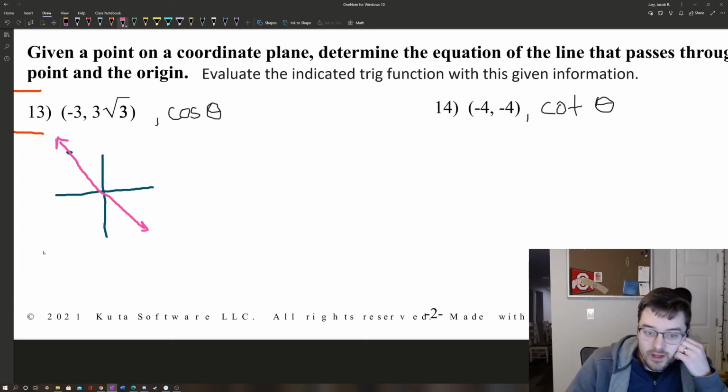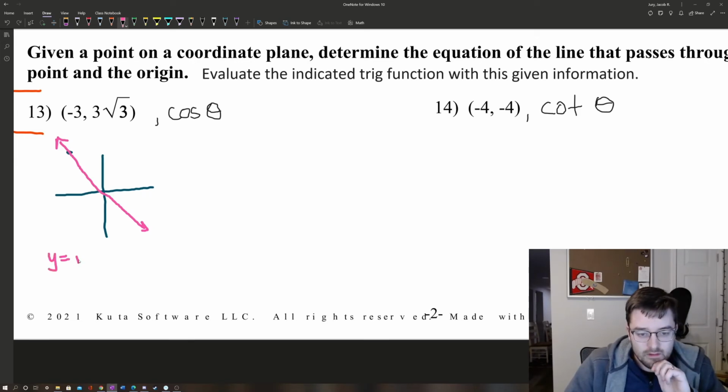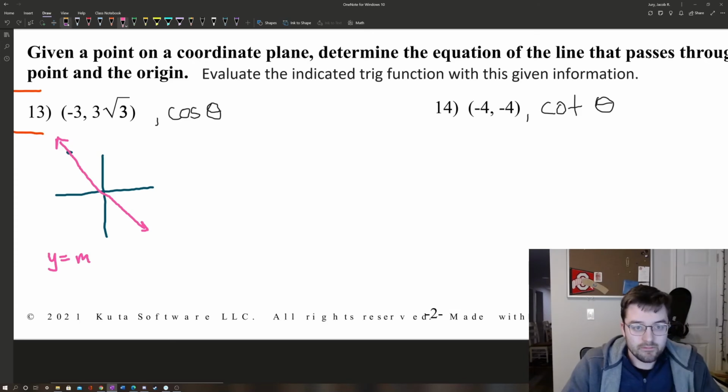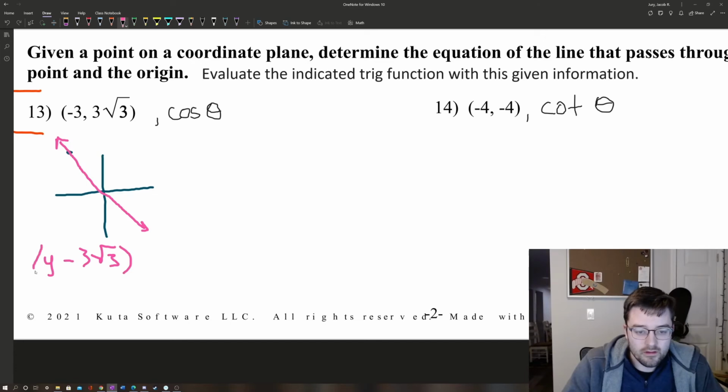So the line that we're dealing with is, well, I'm just going to do point slope to figure that out. So y minus 3 radical 3, hopefully you remember that, equals m x plus 3.